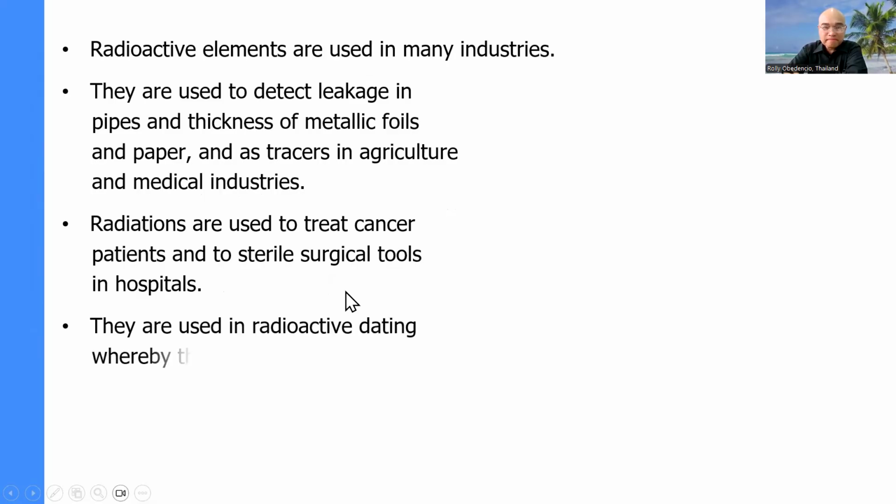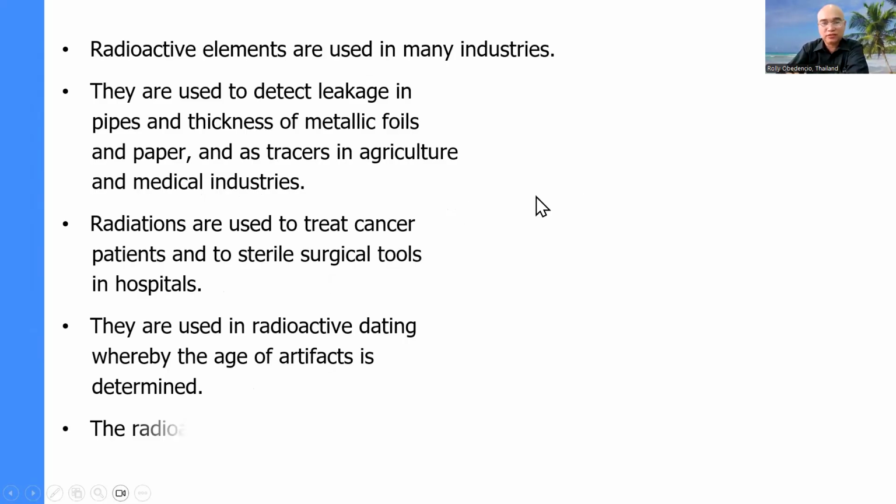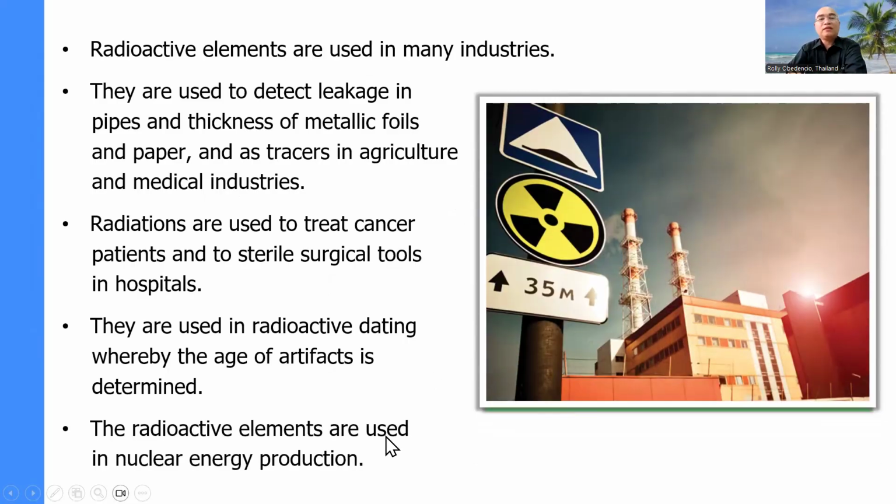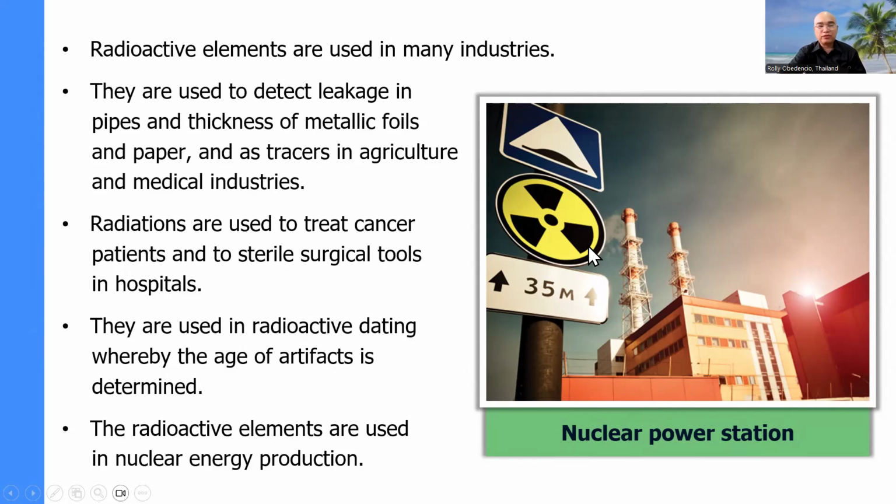They are used in radioactive dating, whereby the age of artifacts is determined, like how old is it? Is it like millions of years or just thousands of years? The radioactive elements are used in nuclear energy production. So whenever you see this sign, this is a radioactive element.